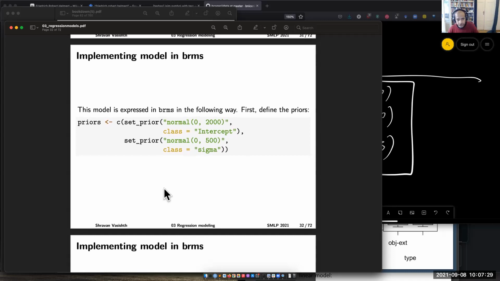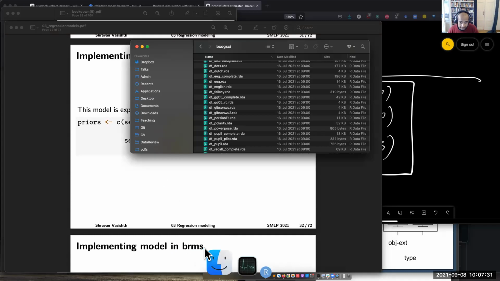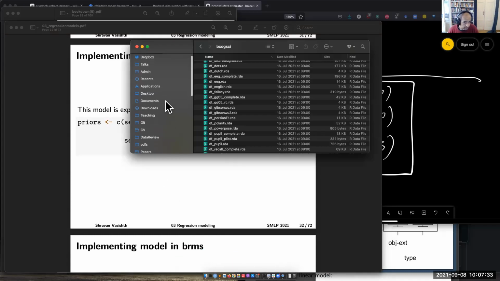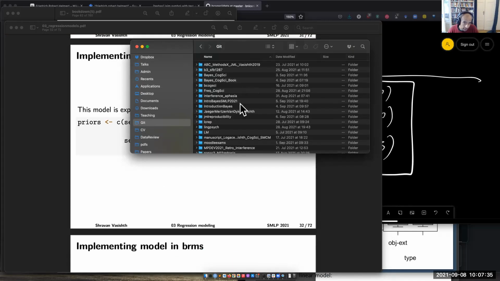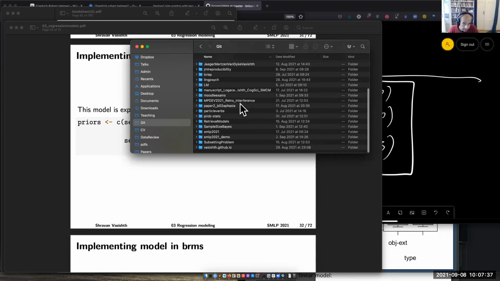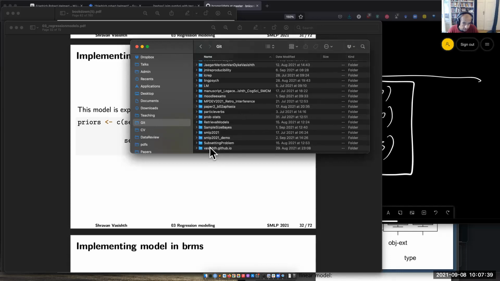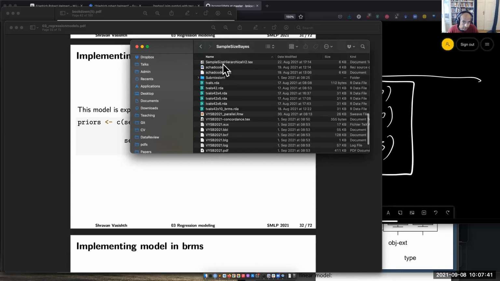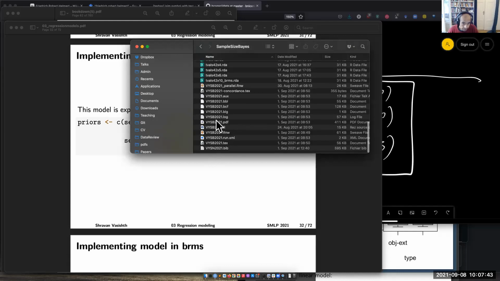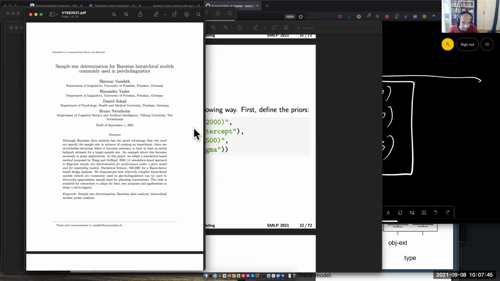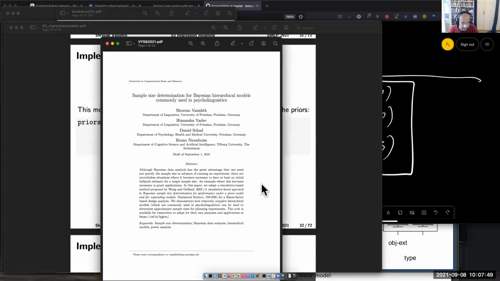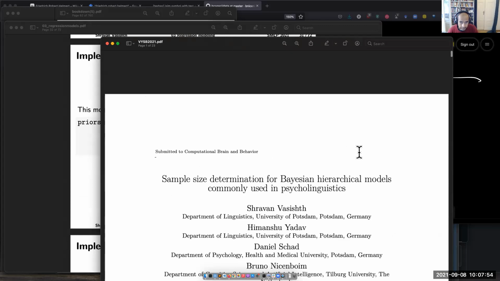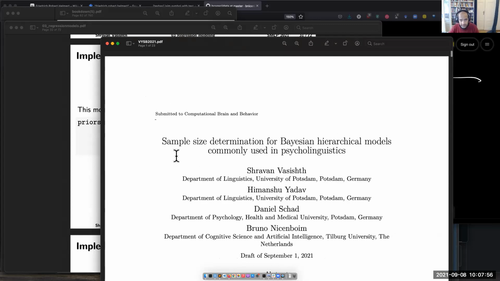This is a subjective issue that you have to address, and I actually have a paper on this that you can look at. It's on my homepage. This is a paper I recently wrote. I describe in this paper, it's under review right now, not published yet. It's called sample size determination for Bayesian hierarchical models commonly used in psycholinguistics.